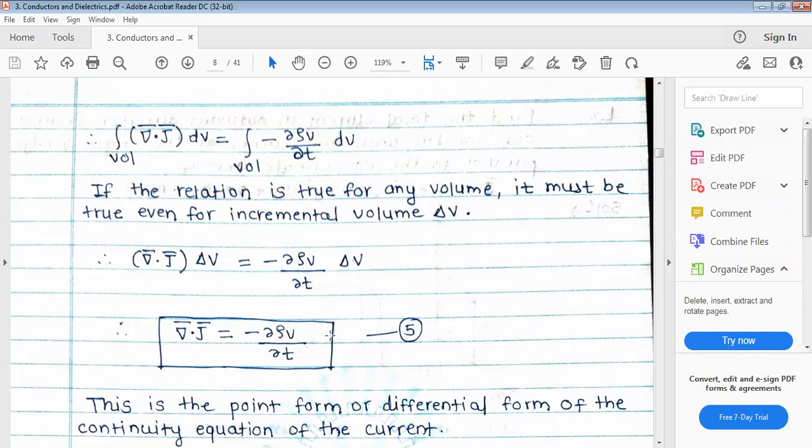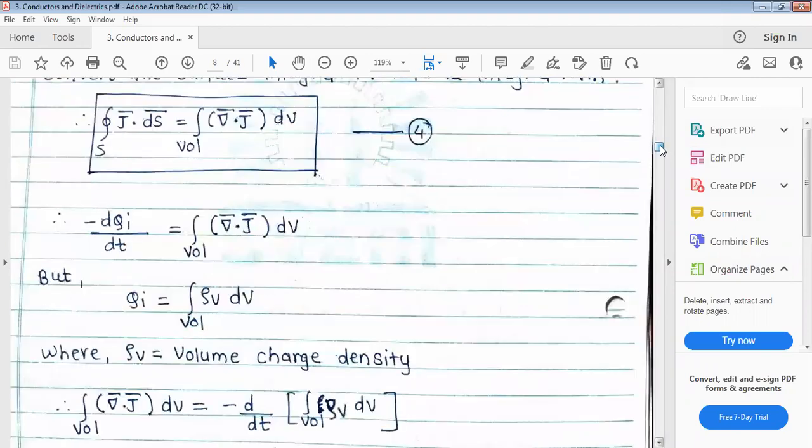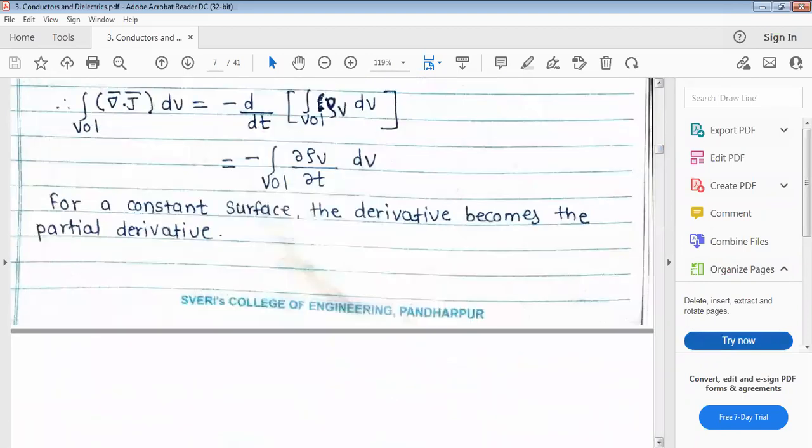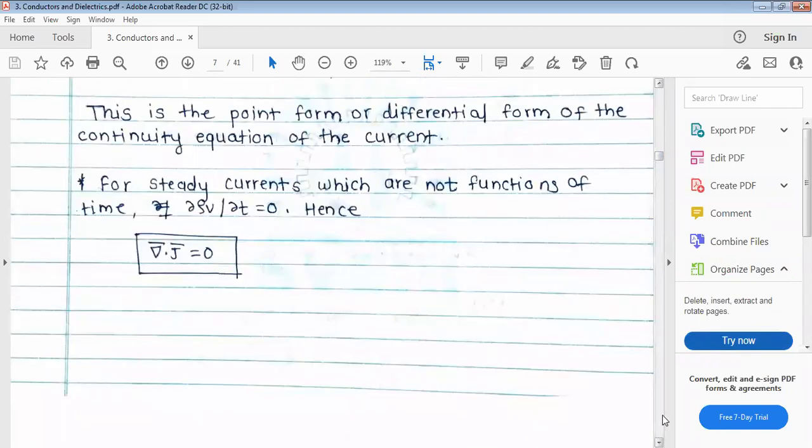So remember this. When they ask you the continuity equation of current, as I told you, it is asked many times in examinations, so you have to write this equation.